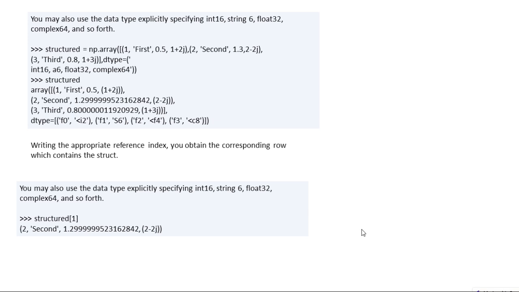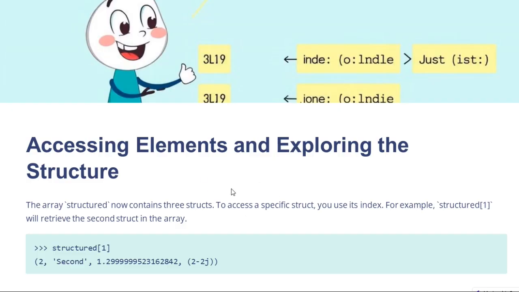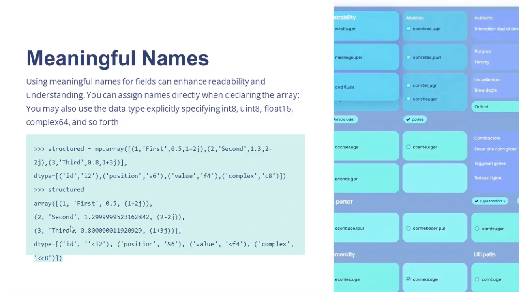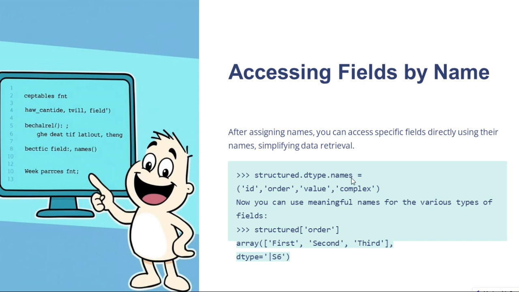Next, we saw how we can access the elements of the array: using the index, using the unique IDs F0, F1, F2, F3, or by giving meaningful names. We can use structure.dtype.names to give meaningful names and access the elements using them.